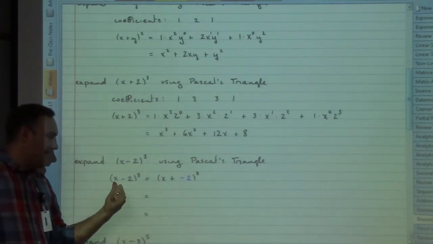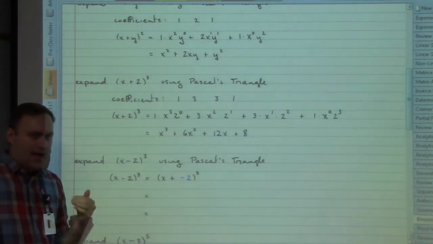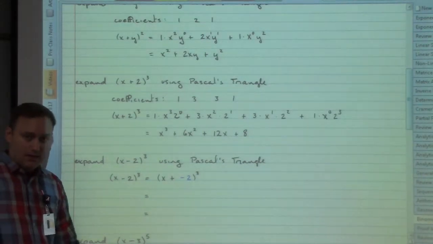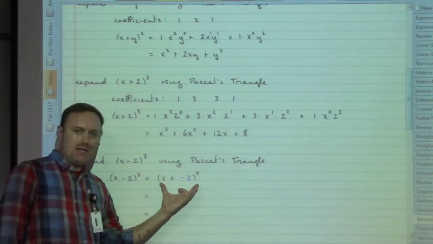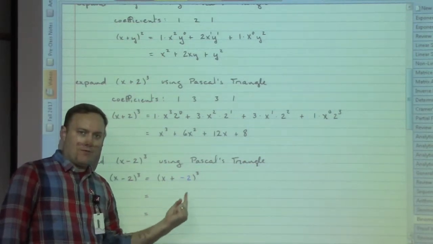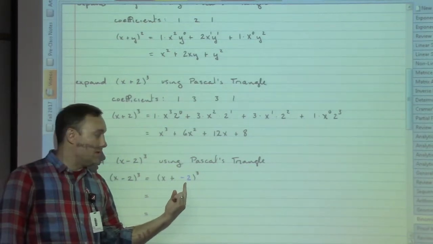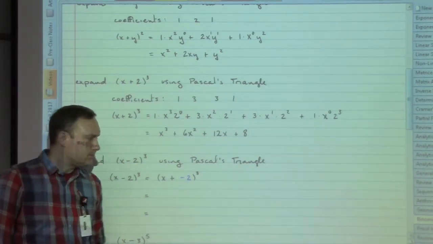If it says x minus 2, and I need it to say x plus something, then I'm going to need to have the appropriate something as my second term of that binomial. And that would mean it would be a negative something, in this case, negative 2.